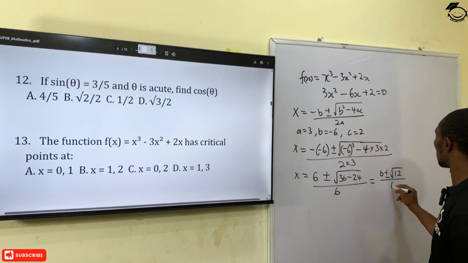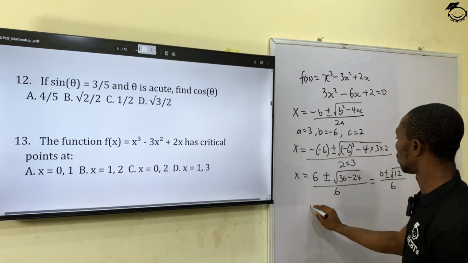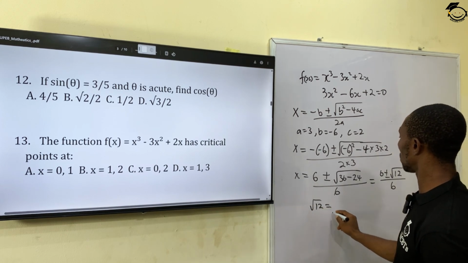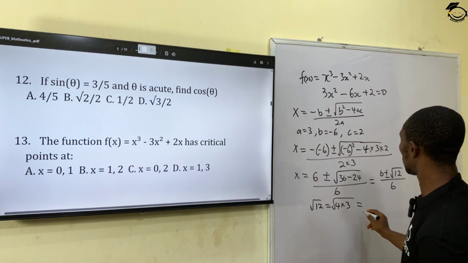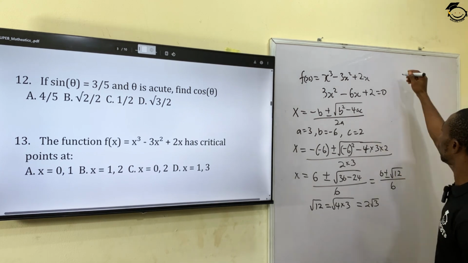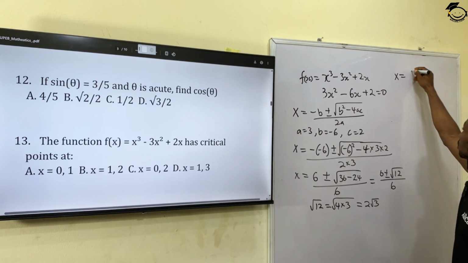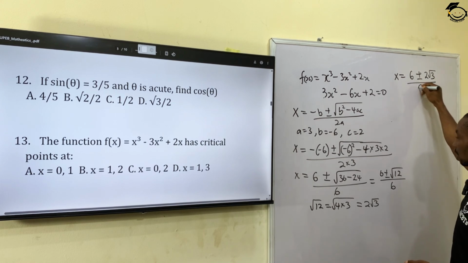Now we know that root 12 equals root of 4 times 3. This will give us 2 root 3. Now, substituting root 12 with 2 root 3, we have x equals 6 plus or minus 2 root 3 all over 6.